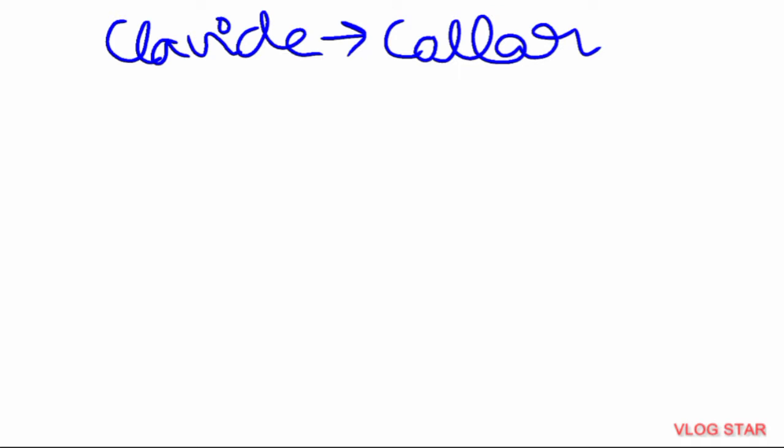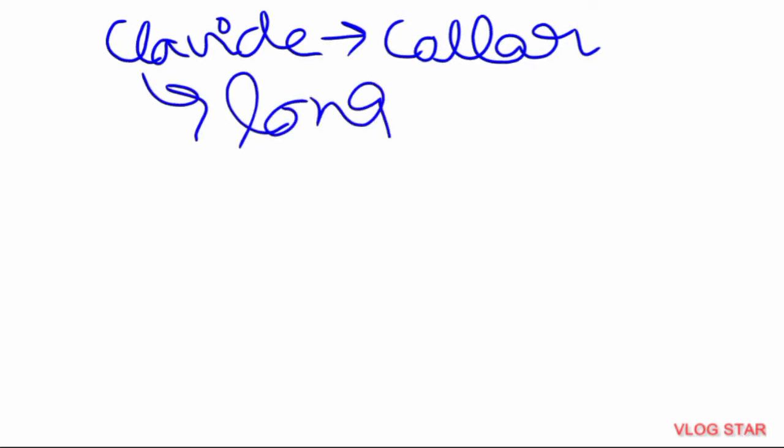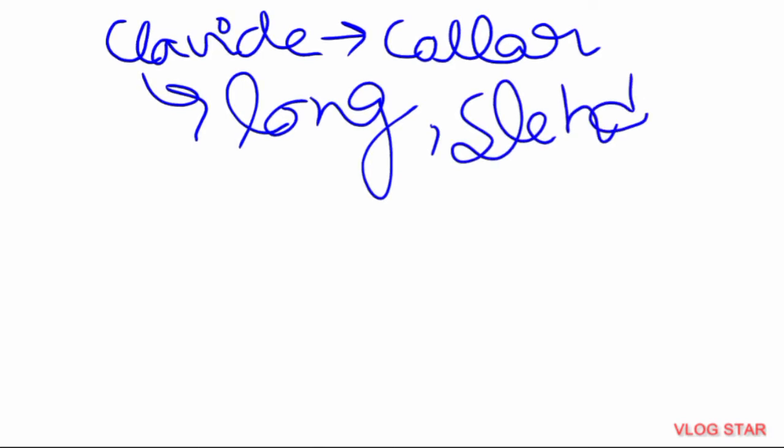It is a long slender bone that lies horizontally across the root of the neck just beneath the skin.